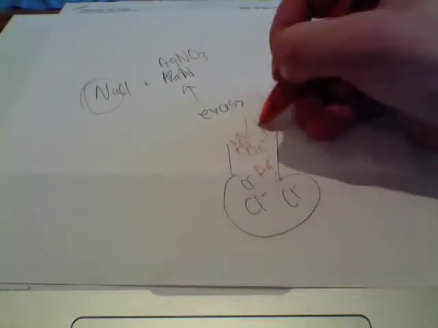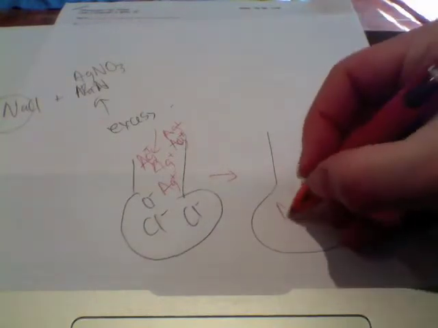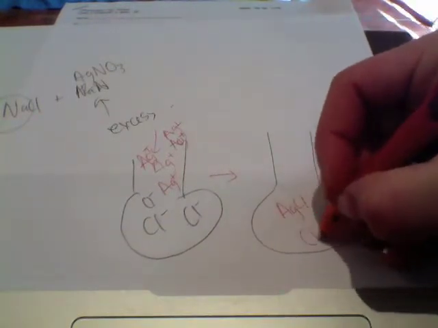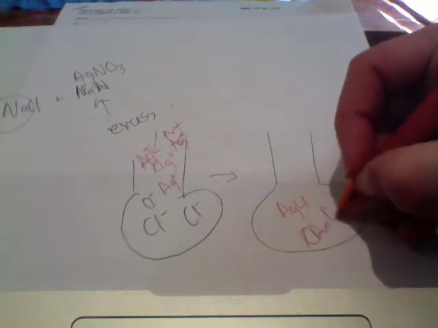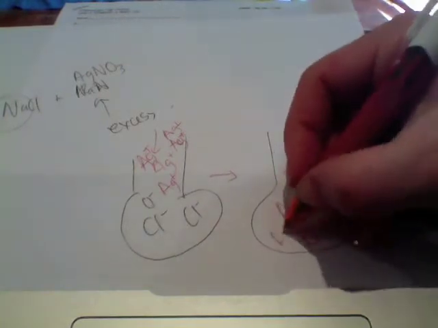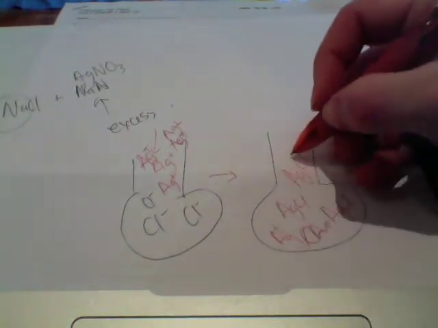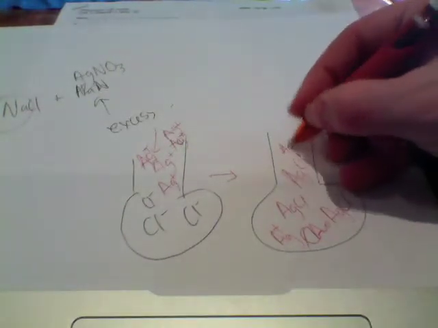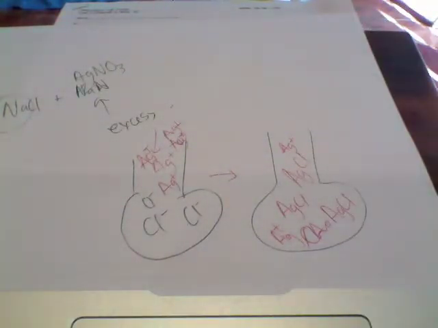Once we've given them time to react, we will end up with AgCl, AgCl, AgCl, 3 of those, and then extra Ag+, I think just 2 more. Now when we are filtering, we're just going to have our precipitate, which is just AgCl.